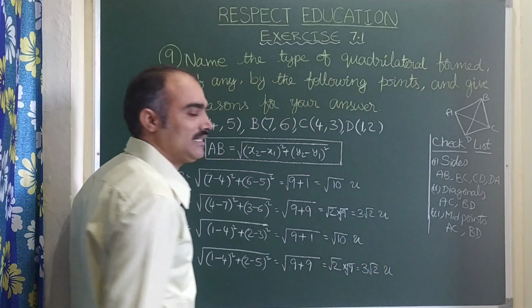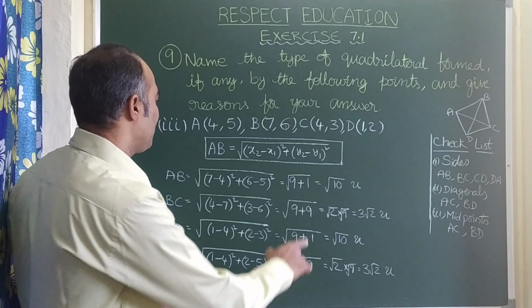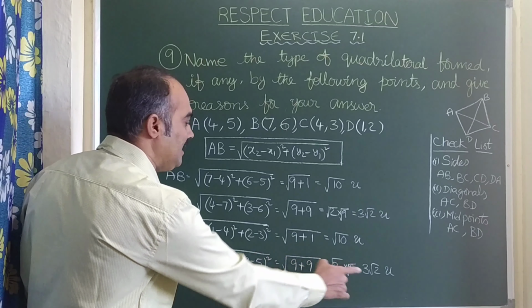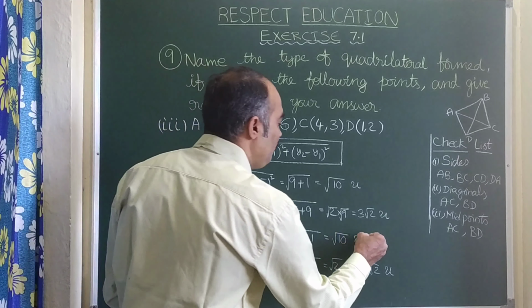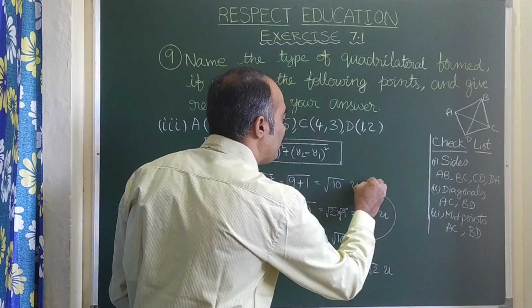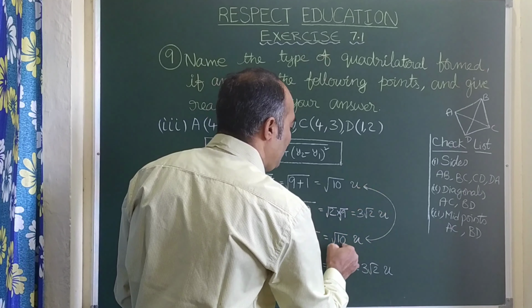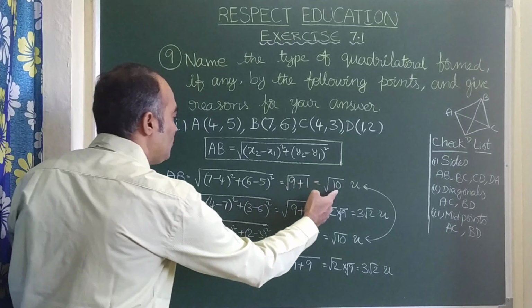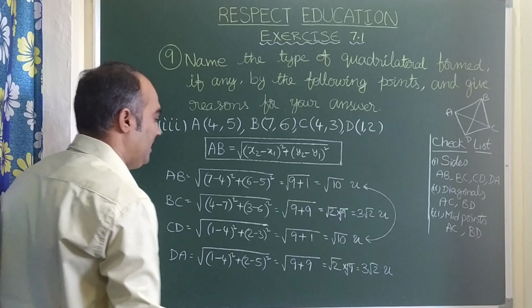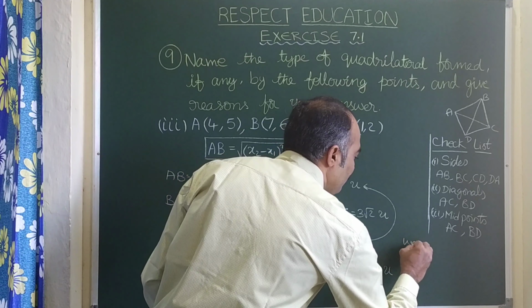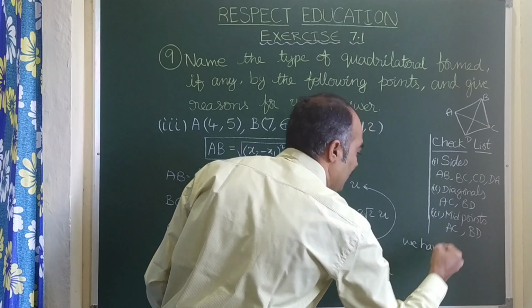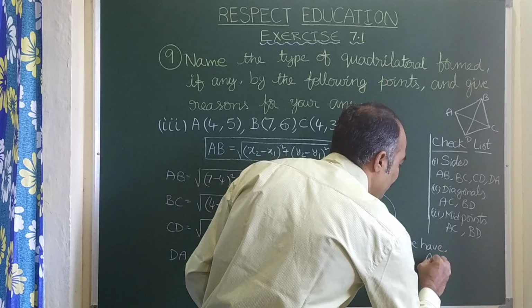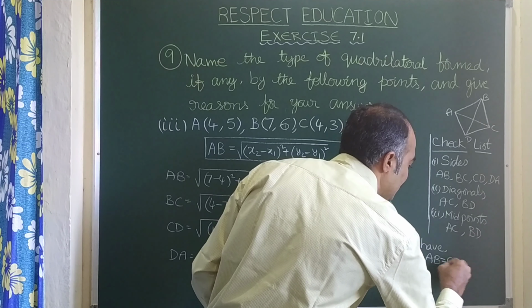Here you observe the answers. AB is root 10. BC is 3 root 2. CD is root 10. DA is 3 root 2. Here you observe these two values are equal: root 10 units, root 10 units. So this root 10 is CD, this root 10 is AB. So here I am writing, we have AB is equal to CD.